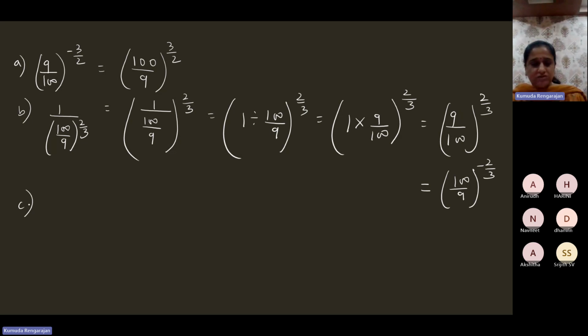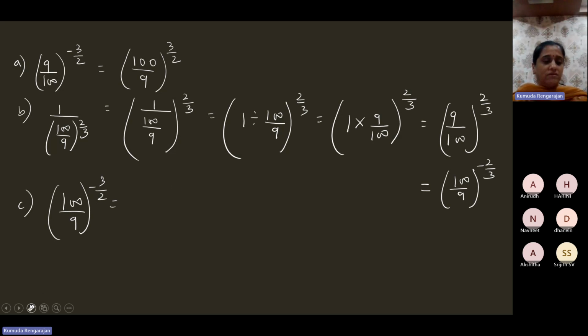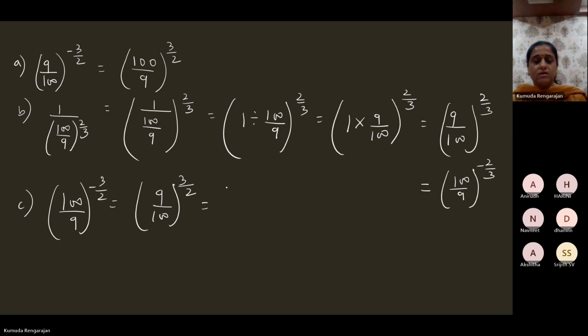Okay, I will work C. You can also work the given question, which is 100 by 9, the whole power minus 3 by 2, right? 100 can be written as 10 squared. If you want to make the power positive, then reciprocal of the base, 9 by 100, and negative of the power, 3 by 2.